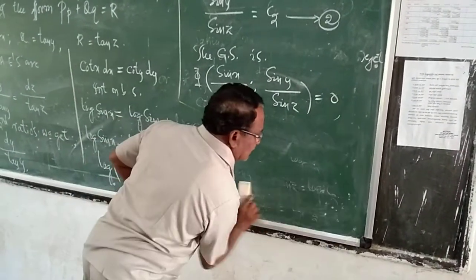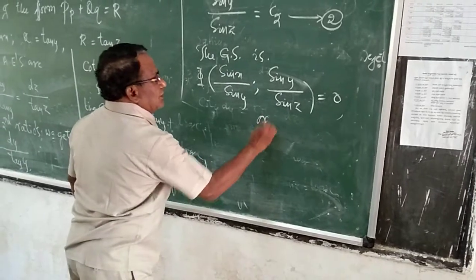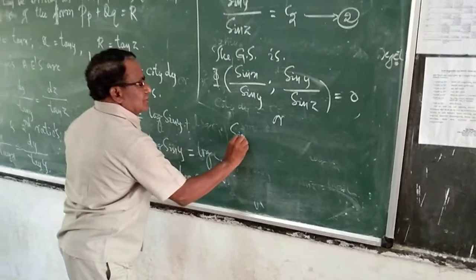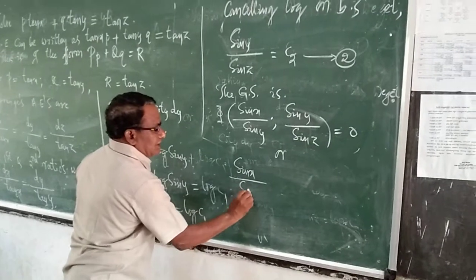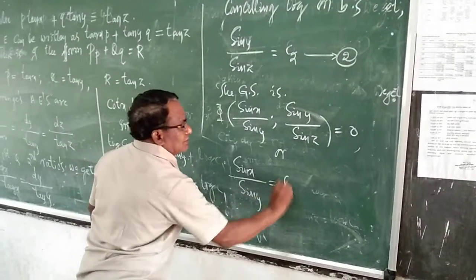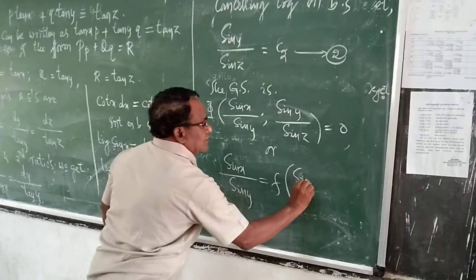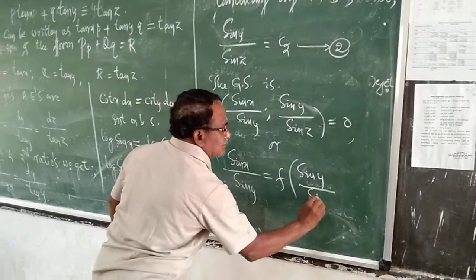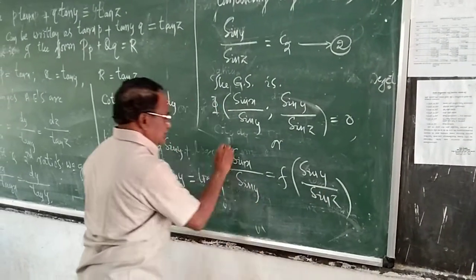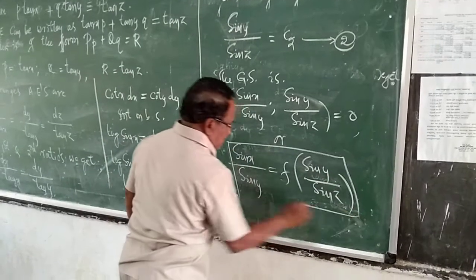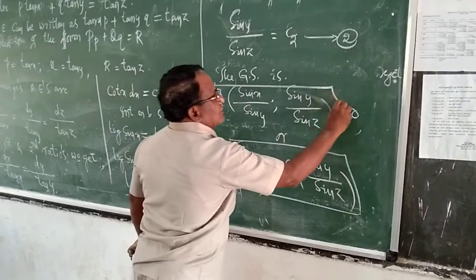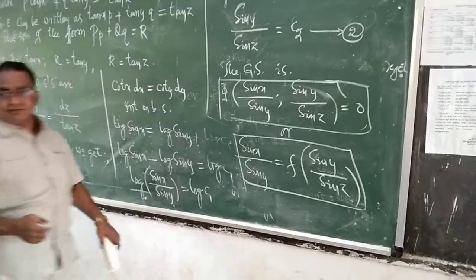Or this may be written in another fashion also: sin x by sin y is equal to f of sin y by sin z. This is your complete solution or general solution.